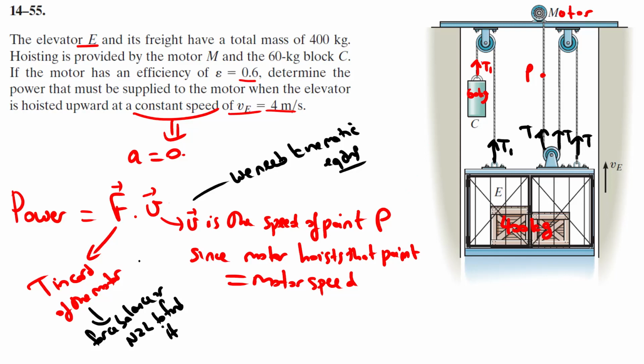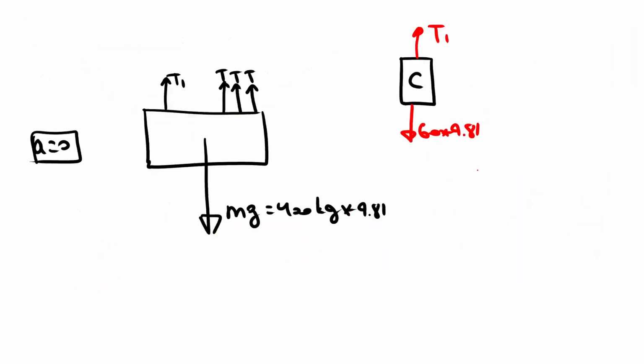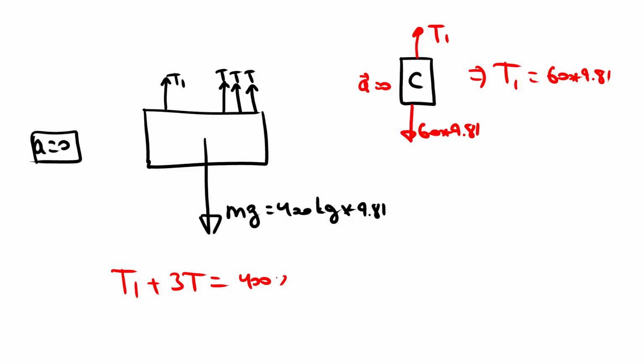And this T1 is transferred along the rope. That's the same T1 that lifts the elevator up. So from here, I can say that again the acceleration is 0. T1 is 60 times 9.81. If I look at the elevator, T1 plus 3 times T will be equal to 400 times 9.81.